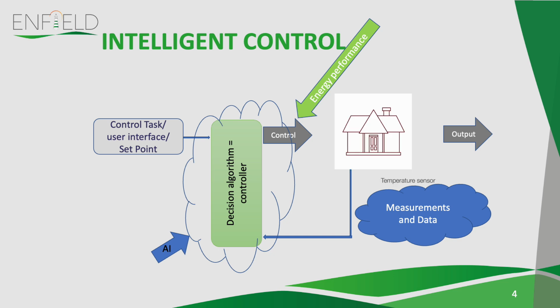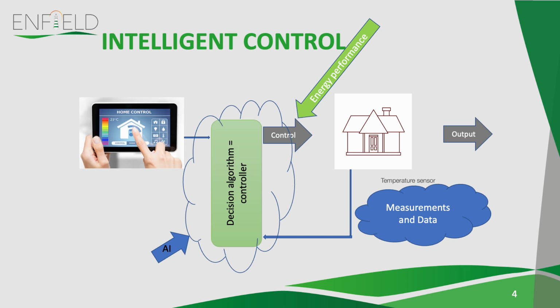If we are talking about smart cities, then buildings represent the controlled plant object and set points, required temperatures, etc. Required indoor climate is given by the user through the user interface.